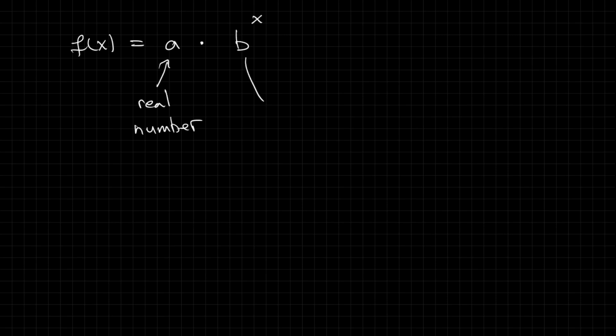Now that we've discussed the basic idea about what an exponential model is and why it might be useful, let's delve into the mathematics. The general form of an exponential function will be something of the form a, some real number, times b to the x power.